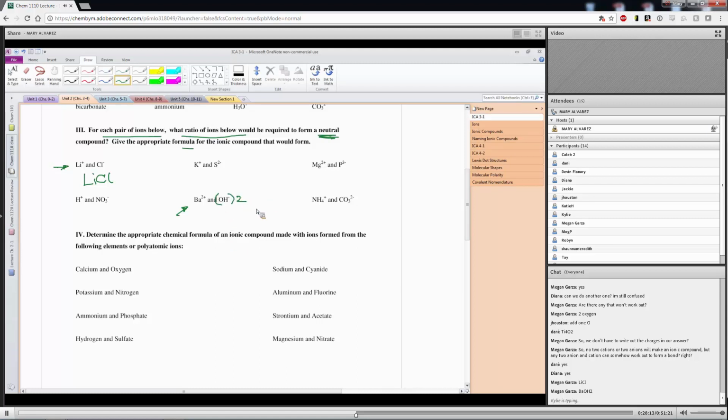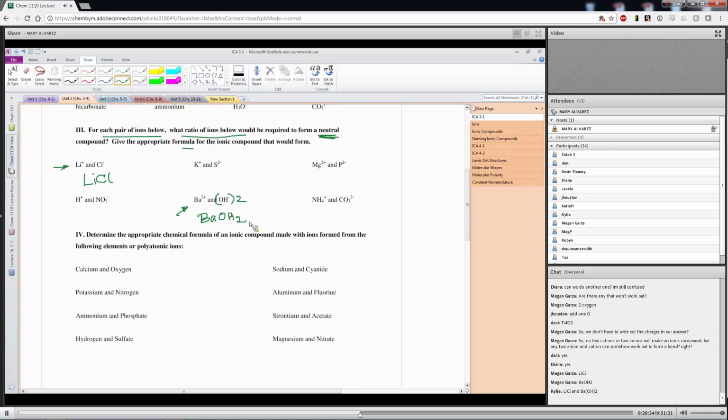Now here we have to be careful, because if I say BaOH2, it looks like I have 2 hydrogens but only 1 oxygen. So it doesn't look like I've added 2 hydroxide polyatomic ions. So Kylie is exactly right.